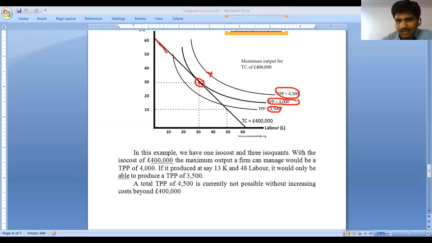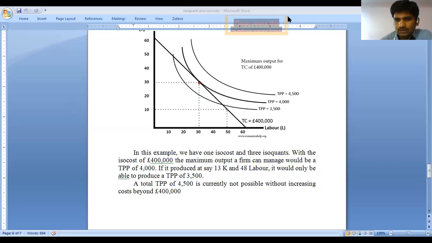So if it is like this, now the maximum output of this is 4,000. So total physical product is 4,000. If you consider 3,500, it is below that, and 4,001 is beyond the ISO cost. So that's why if we consider like this, we have a clear view that the maximum profit is here, at 30 labors and 30 capital.